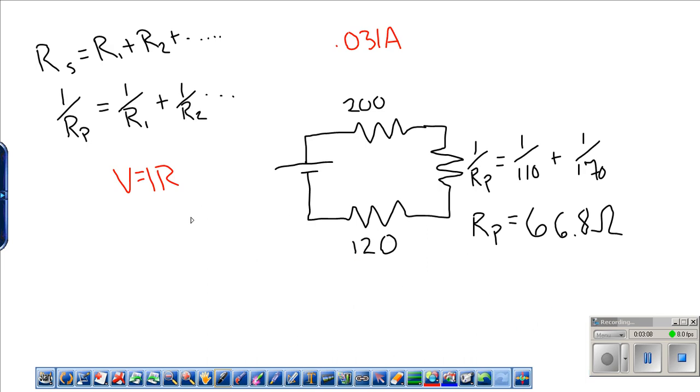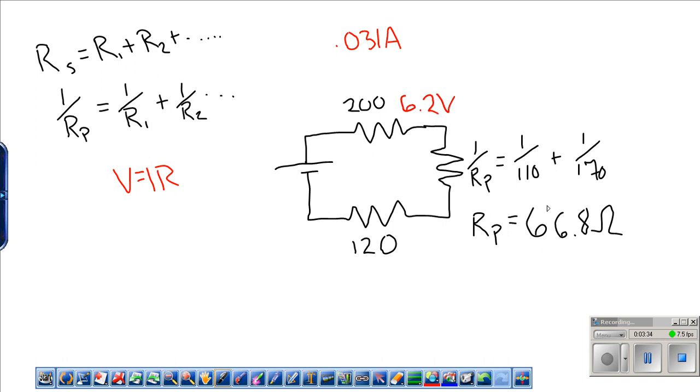Now in order to find the voltage drops across each resistor, we're going to take 0.031 amps and multiply by each of the resistances here. When we do that, we find that by this 200 ohm resistor, we take 200 times 0.031, and we get 6.2 volts.